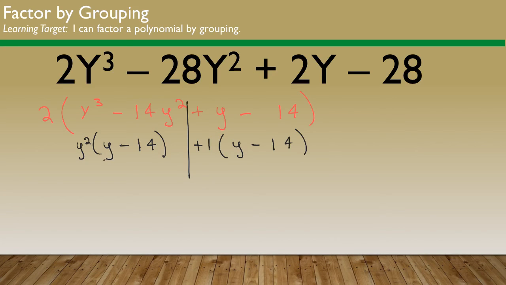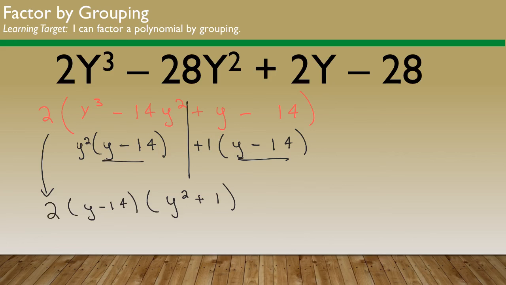Now y minus 14 and y minus 14 are your common factors. Your other factor is y squared plus 1, and that's actually not going to break apart anymore. So this 2 can come down, and that's it.